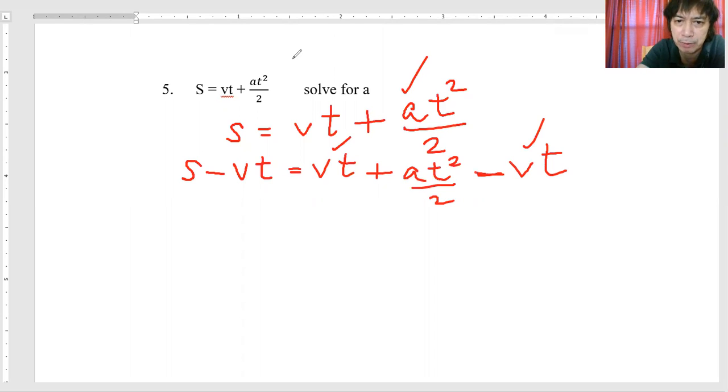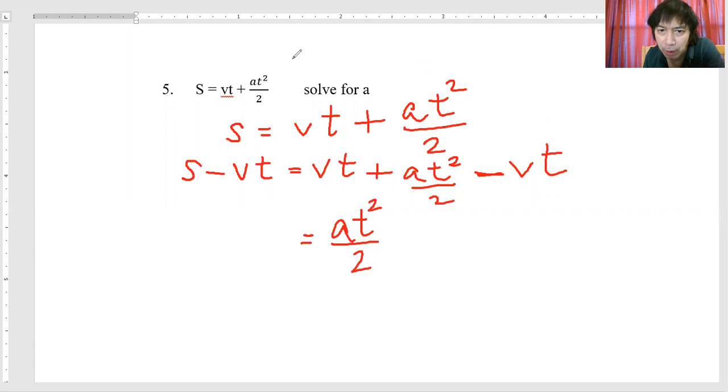And what you will have at the right side will only be the term with the a t squared over 2, because this vt and the other vt give 0. So the right side is now a t squared over 2. The left side has the s minus velocity times time.